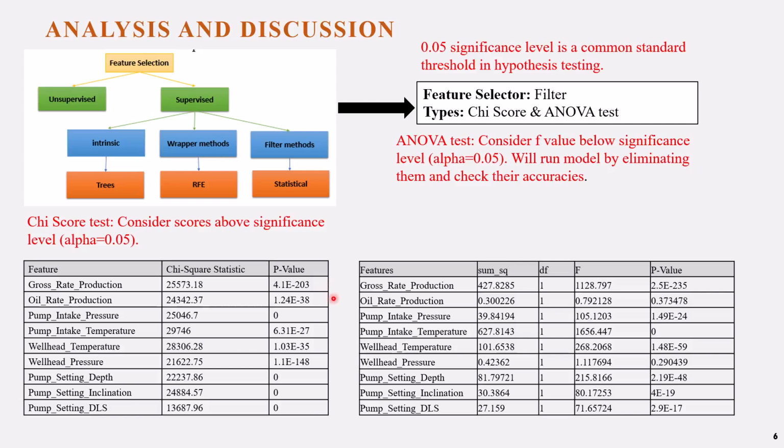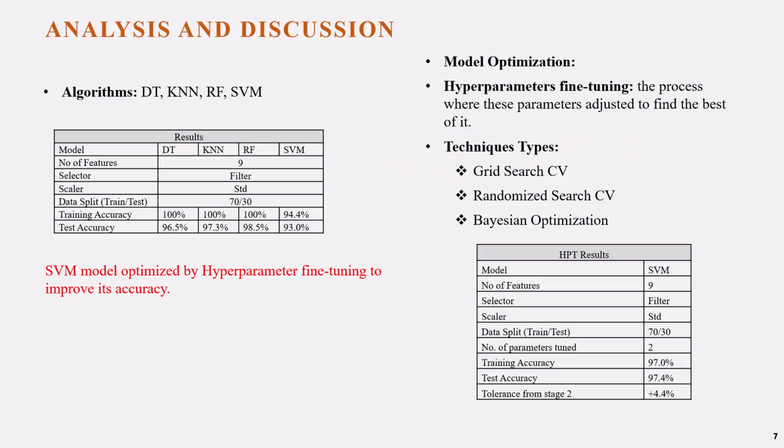Similarly in the ANOVA test, most of them show below 0.05 except 2 features, which are oil production rate and wellhead pressure. From this analysis, we confirmed that we are going to run our models based on these 9 features.